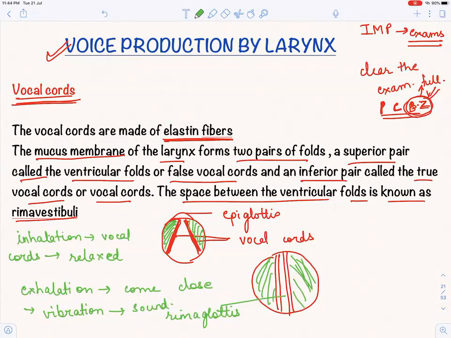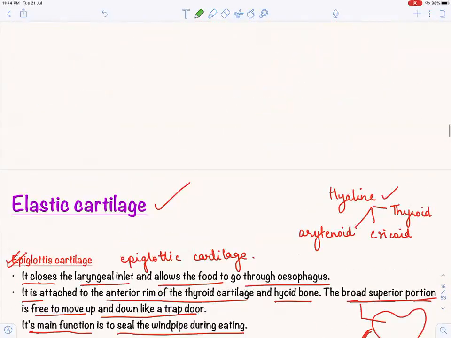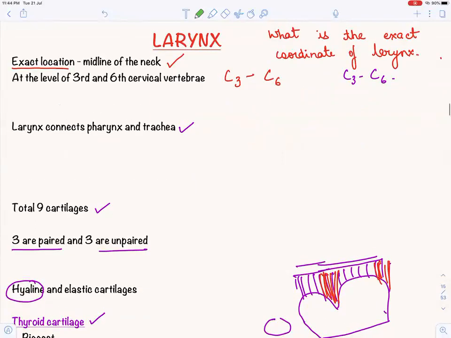If you want, I can revise it, or we can just see what we have studied. So we started with the larynx. First question, what is the exact location? C3 to C6. What does the larynx connect? Pharynx and trachea.